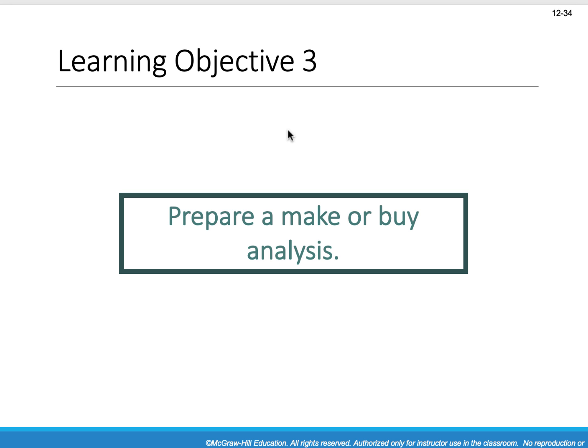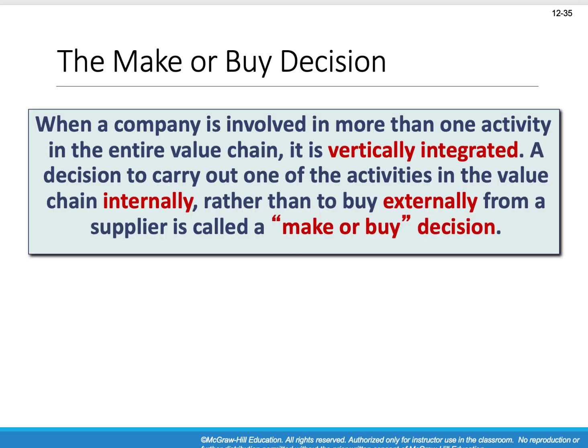Now, this make or buy decision is kind of interesting because it requires a certain type of company. Let me try to give you an example. The best example I can give you would be laptops, computers, right?